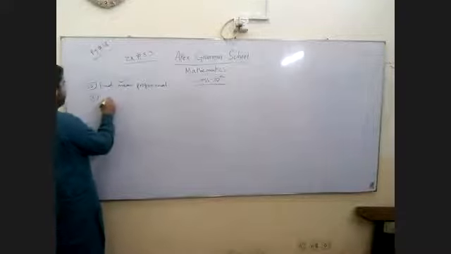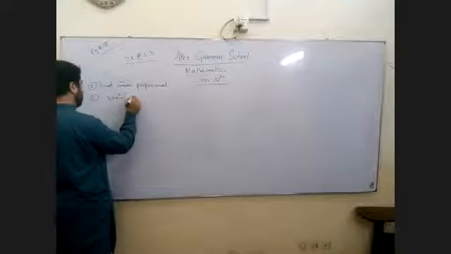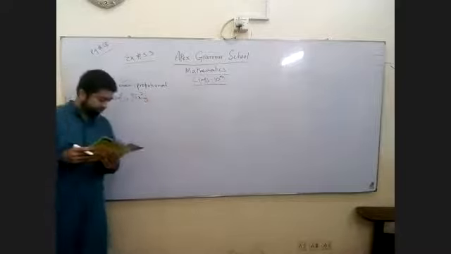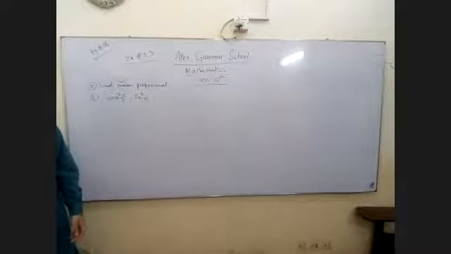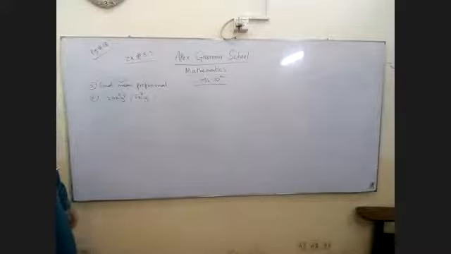Part 2 is 20x cubed y raised to power 5 and 5x raised to power 7 and y. These are extremes, and we need to find the value of the means.